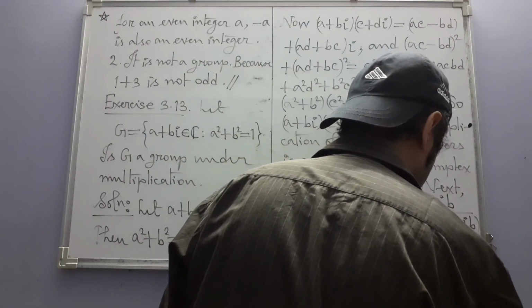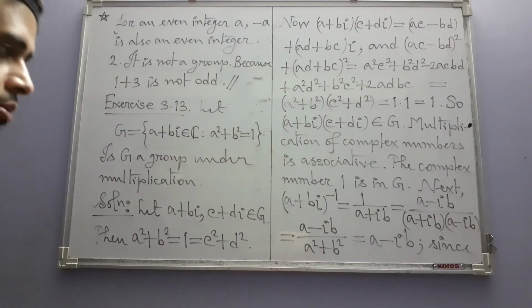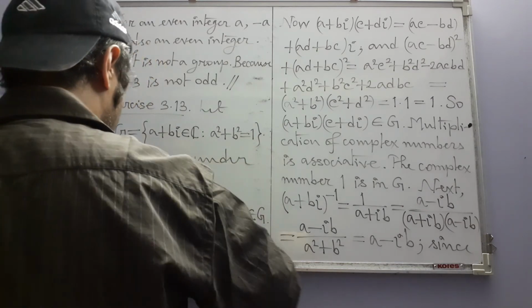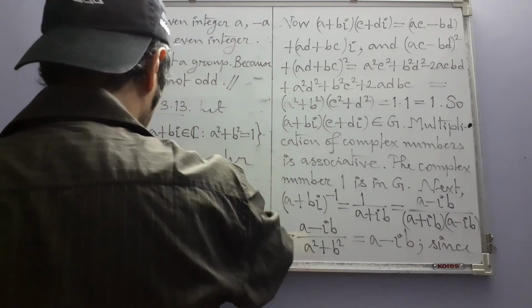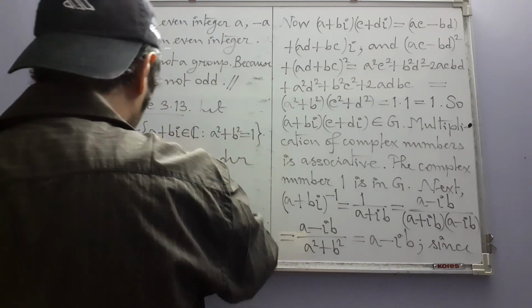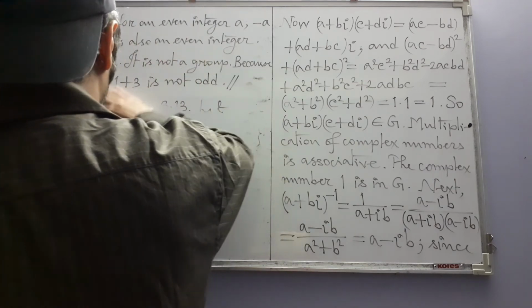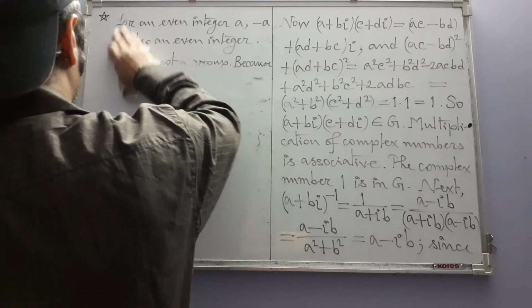Now since this A minus iB also belongs to G, to see why, you take the sum of the squares of the real and imaginary parts of this inverse, that will be A square plus (minus B) whole square, that will also be 1.